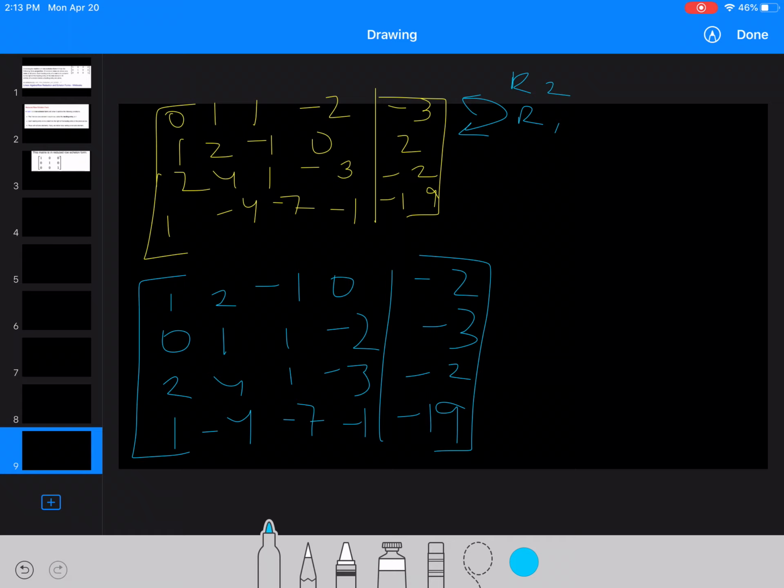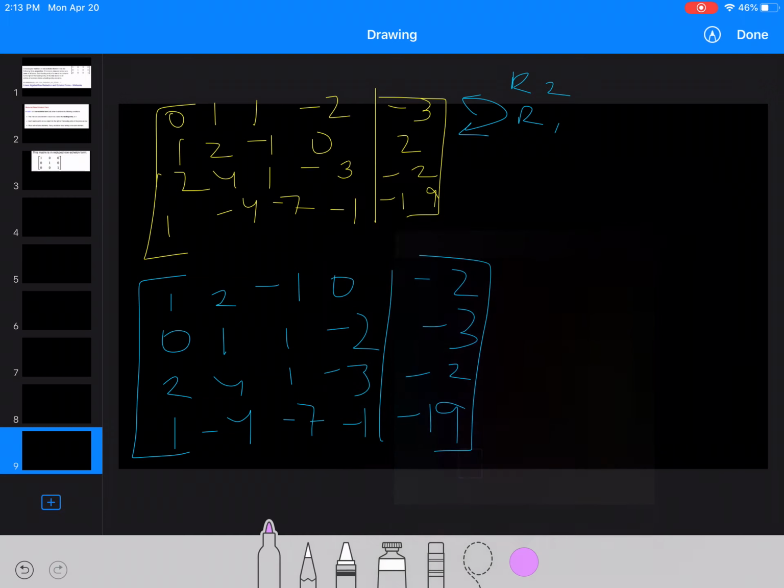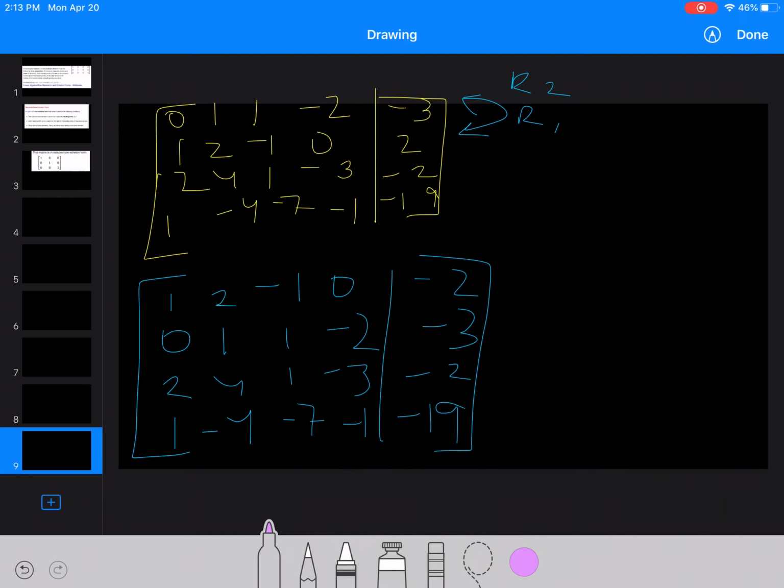Okay. So the next thing we want to do here is we're going to do negative 2 times R1 plus R3.